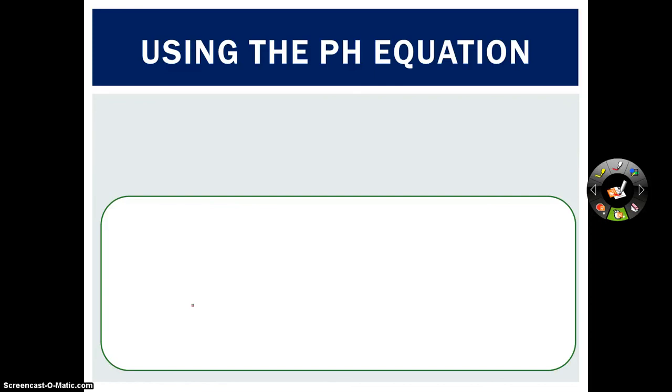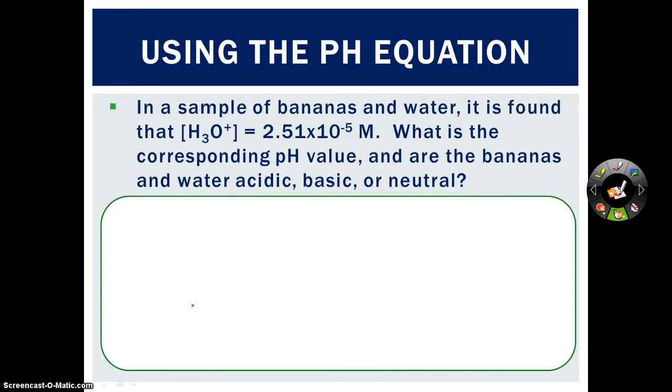Let's do one more. Okay, so I have a sample of bananas and water, and I have the hydronium ion concentration this time. pH, remember, is the negative log of the hydronium ion concentration. If I'm given this in the problem statement, this becomes a really easy question, because all I need to do is take the negative log and plug in that number, 2.51 times 10 to the negative 5th.